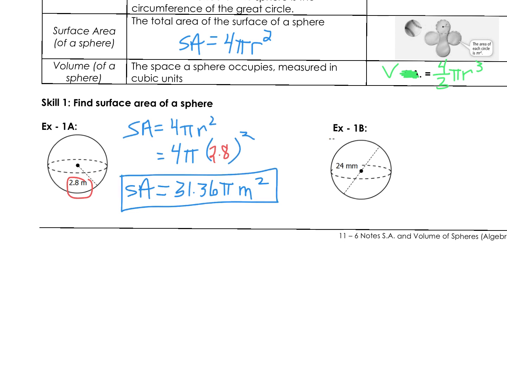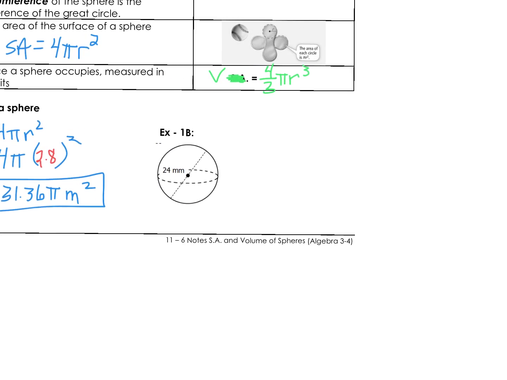Then I would like you to pause the video and find the surface area of 1B. All right, so hopefully you paused the video, but I'm just going to go through here and use the formula, surface area equals 4 pi r squared. This right here is equal to the diameter, so the radius is half of that.